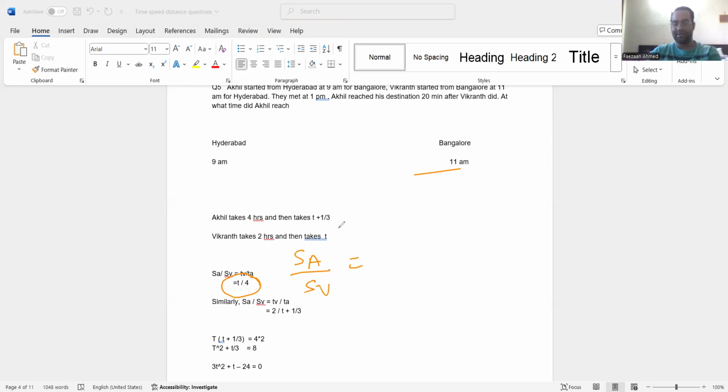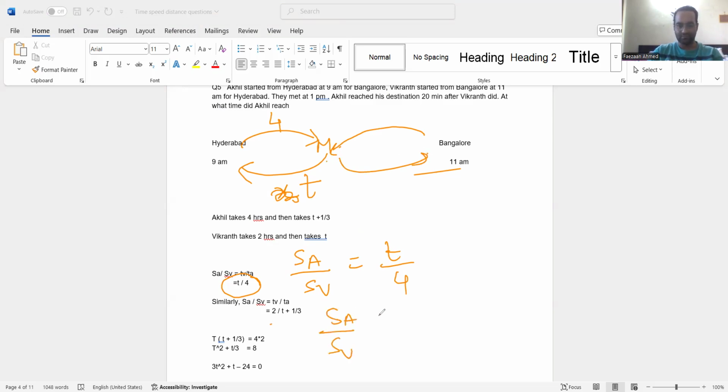For the first part, till the meeting point, this person goes from here, and this goes back. For this part, this was 4, this was t, so this is going to be t by 4, but only from here to the meeting point. The same thing you can apply from the meeting point to this point.